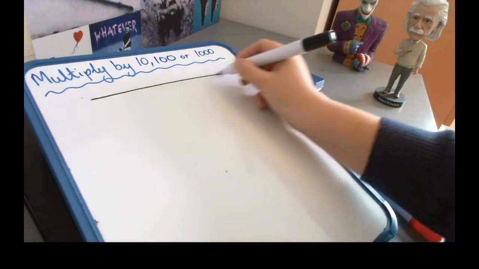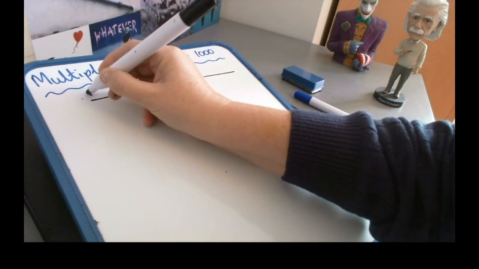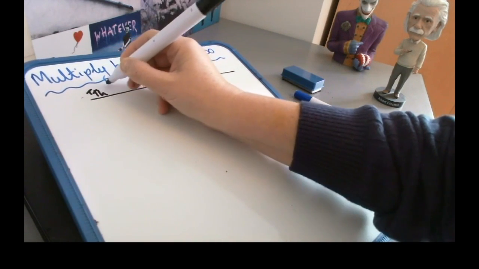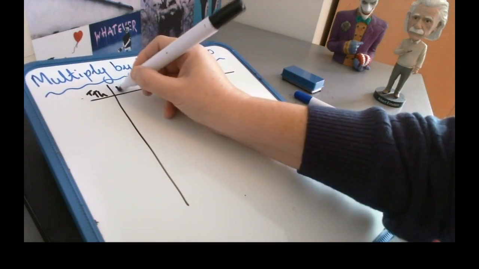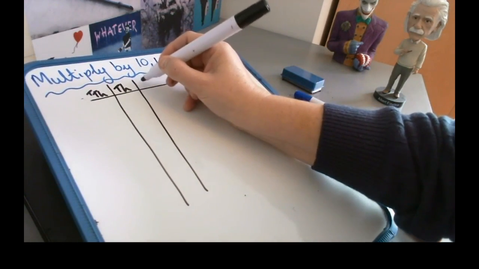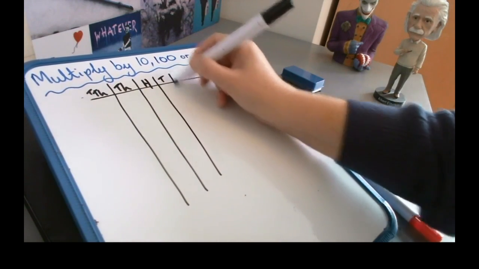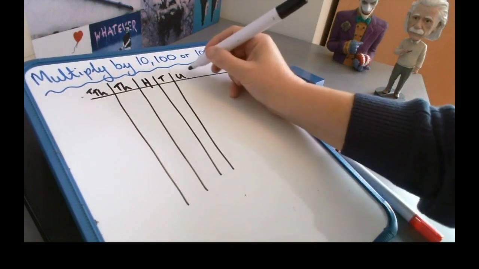Hard for me because I always do it in Welsh, so I'll have a go in English. So 10,000, hope that's right, and 1,000, and we'll have hundreds, tens, units.